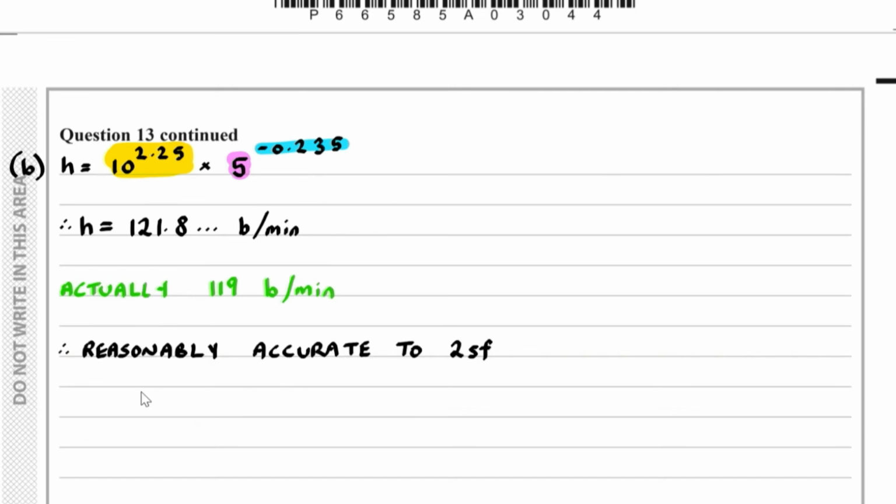We can say then that it's reasonably accurate to 2 significant figures if I round both the h value here and the 119 to 2 significant figures. We get 120 beats per minute. That is of course to 2 significant figures, and so the model is suitable.